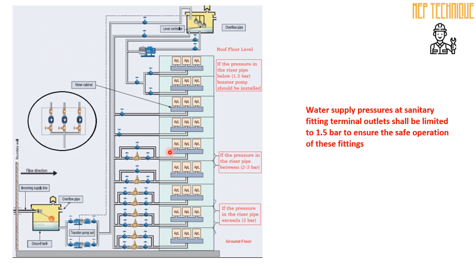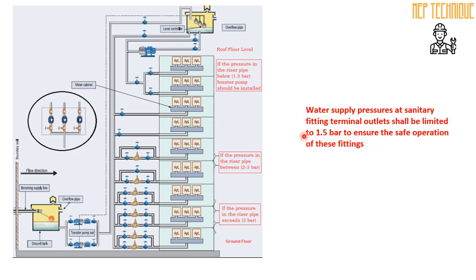And the question is, how much pressure can we supply to our plumbing faucets and outlets? The answer is water supply pressure at sanitary fittings such as shower head, wash basin, kitchen sink and so on shall be limited to 1.5 bar to ensure the safe operation of these fittings. Make sure the pressure does not exceed 1.5 bar.